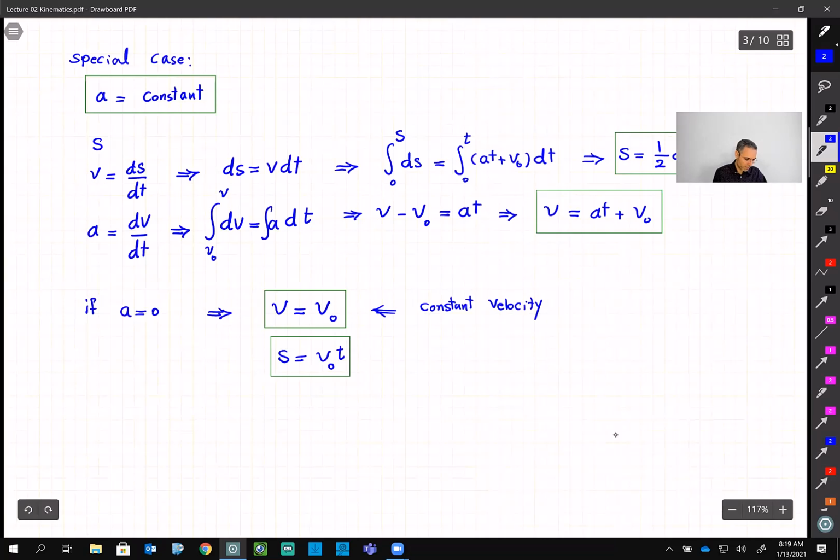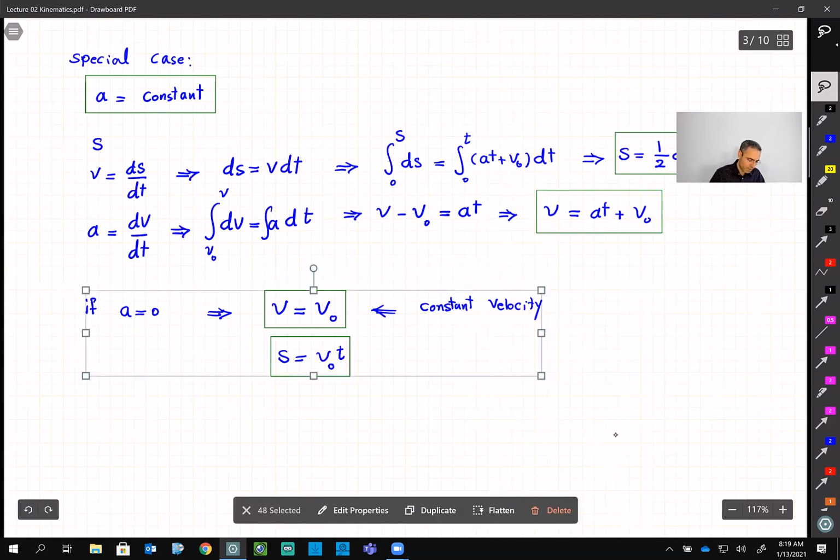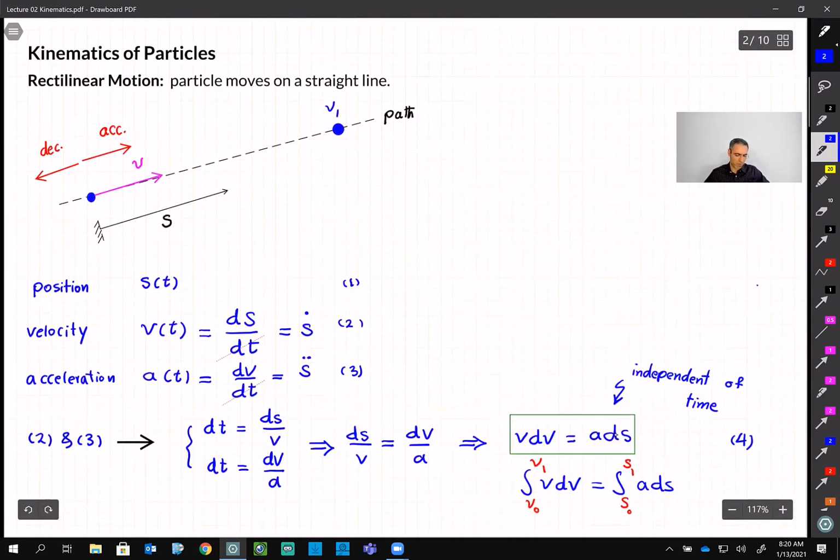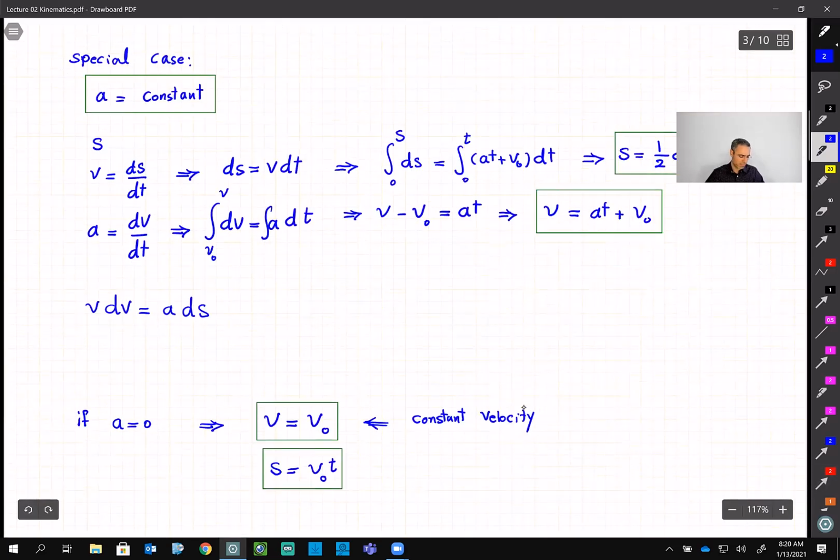Let me come back here. V dv is equal to a ds. To do a better job, let me move all of these, because this is all for the category of a = 0, down here. So v dv is equal to a ds. This is this formula, right, guys? Formula number 4, v dv equals a ds, which I'm going to solve for this special case.